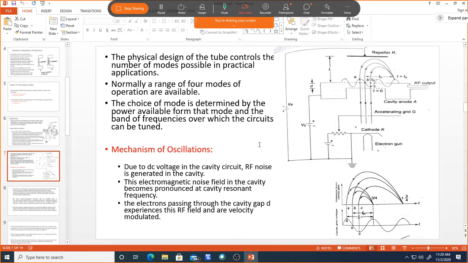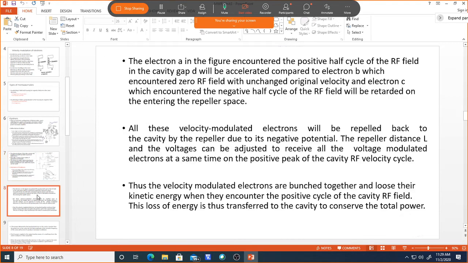The lowest order mode, the first mode, will have the higher power, and subsequent modes will have lower power, and we will see how the power is calculated using this mode of oscillation.